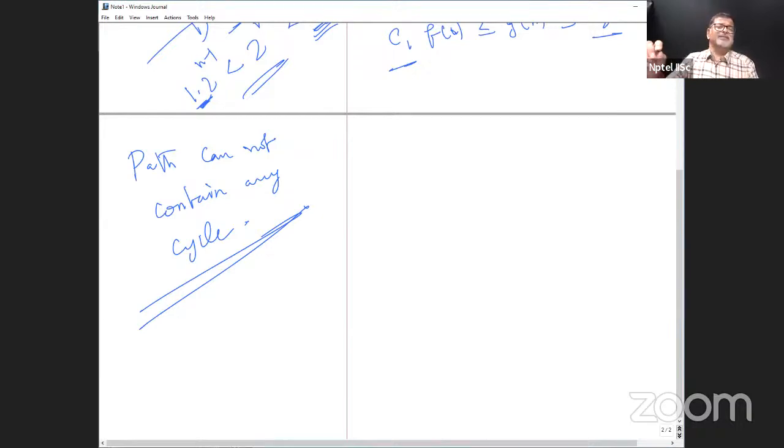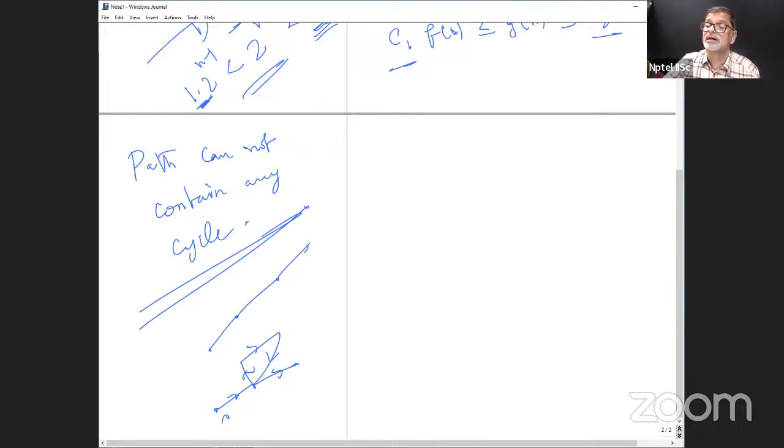Whether the weight is positive or not, a path is something like this, right? It is a sequence of edges. That's all a path is. No repetition. So a walk may contain a cycle, because in a walk there can be a repetition. You can start from here, go like this, and come back and go on.